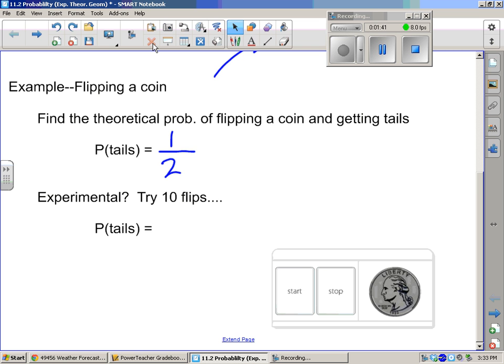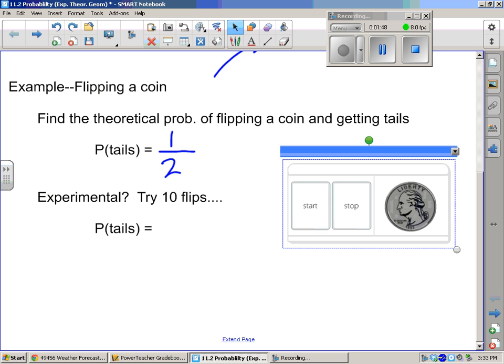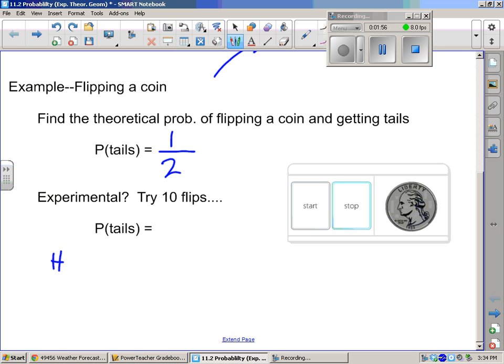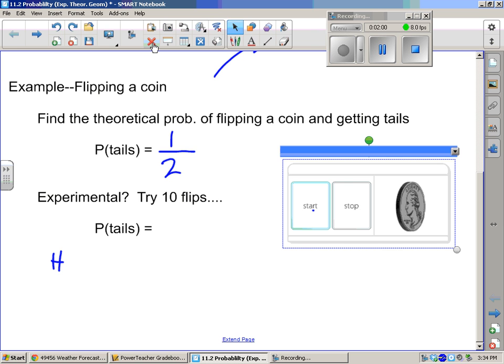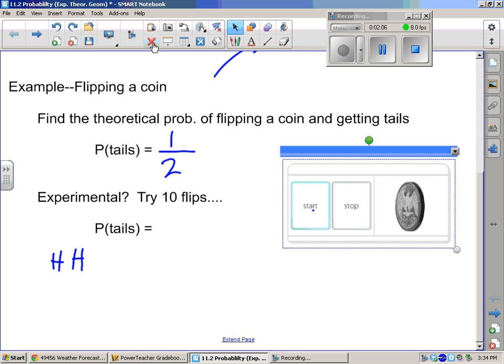What's the experimental? Let's try 10 flips. Looky what we have here, a coin flipper app. You hit start, I'll say stop. We'll do heads and tails. Stop. Another heads. Stop.